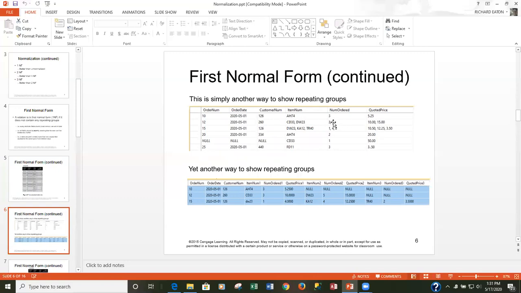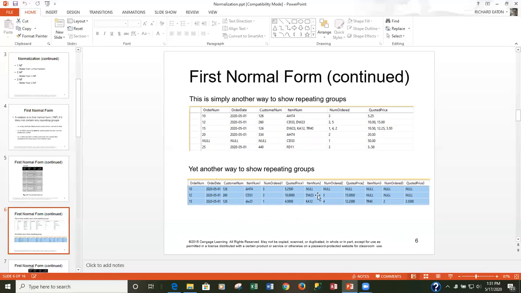Well, could I put in a 3,5? Well, no, you can't do that because that is not valid numeric data. And this is not valid numeric data. So the database system would reject you trying to do that. So this technique is just as deficient as the prior one.